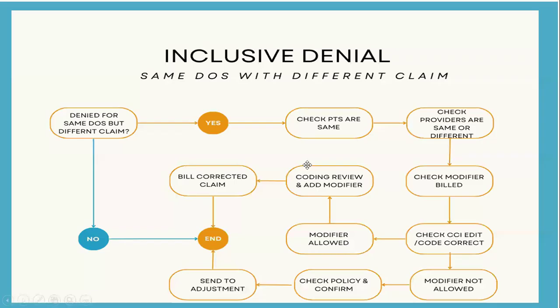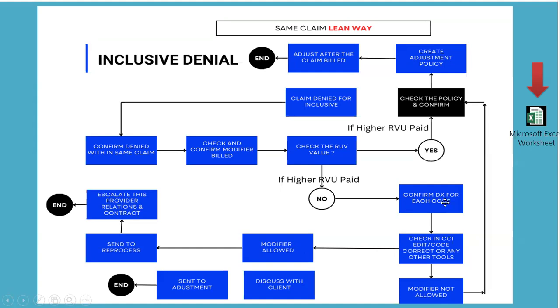For both CPT codes, you check your diagnosis code, and you go and check in the CCI edit, or Correct Coding, or any other coding tool which your company uses. There you check and confirm whether a modifier is allowed or not allowed. If a modifier is not allowed, that's a deal, because the CCI is not allowing you to bill the claim. Then you check the policy, create an adjustment policy, and end the process.